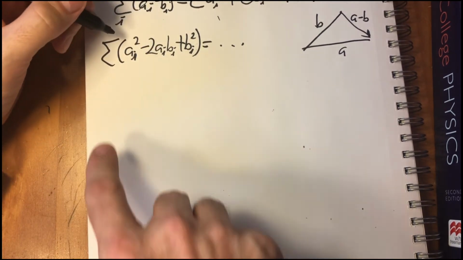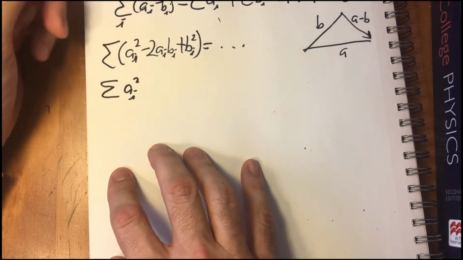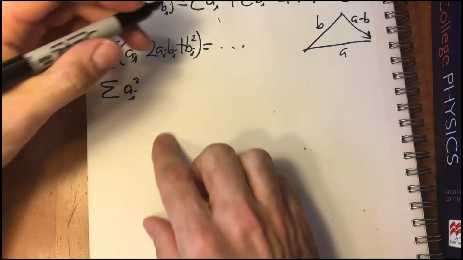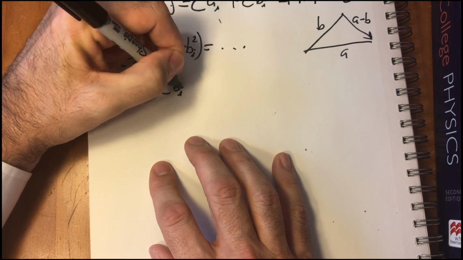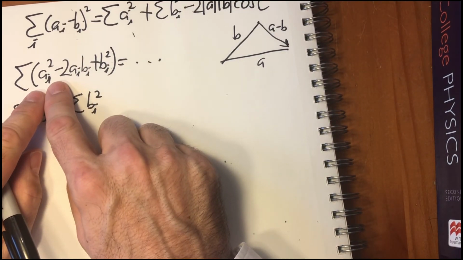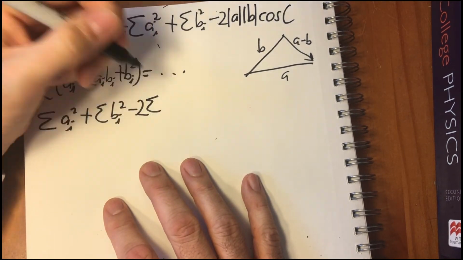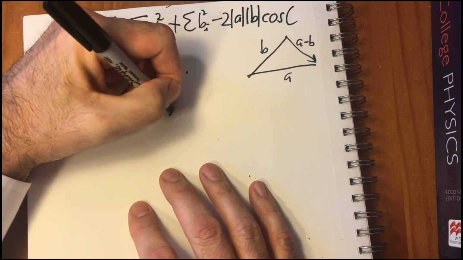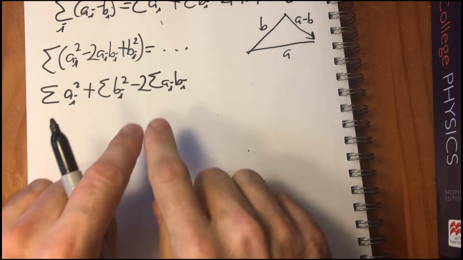So we have the sum of ai squared plus the sum of bi squared minus 2 times the sum of ai bi, right?